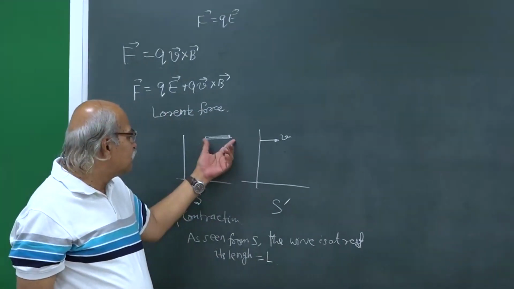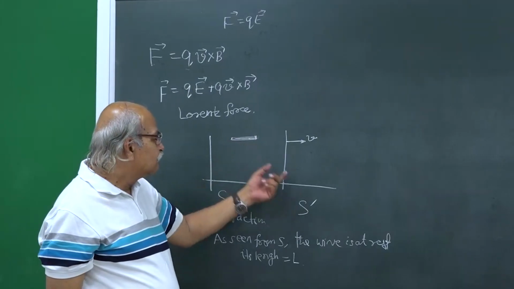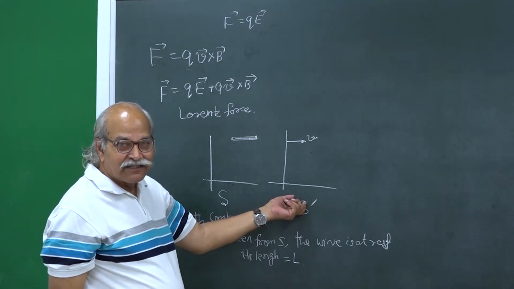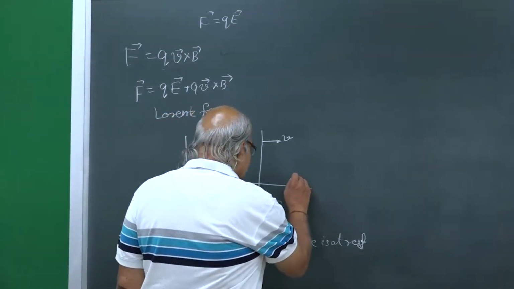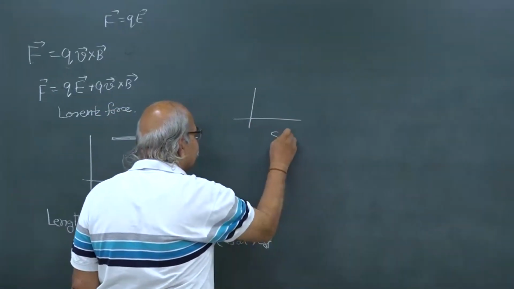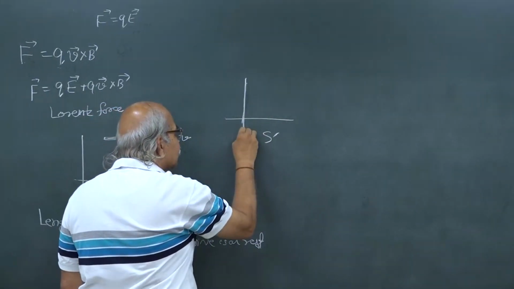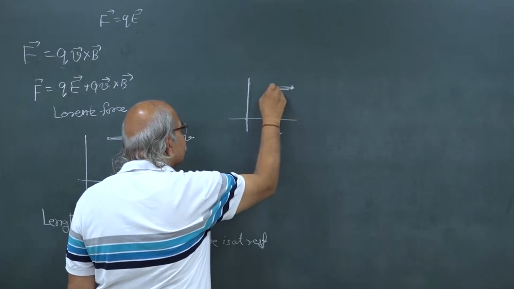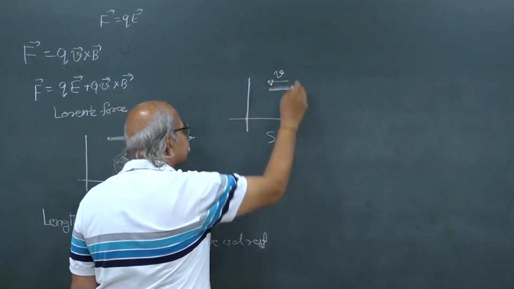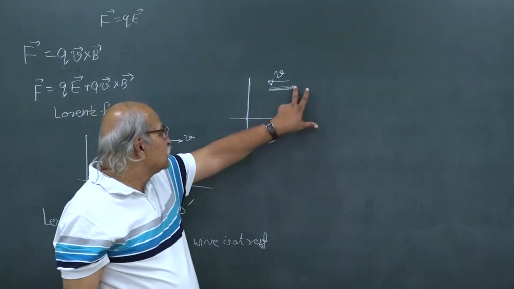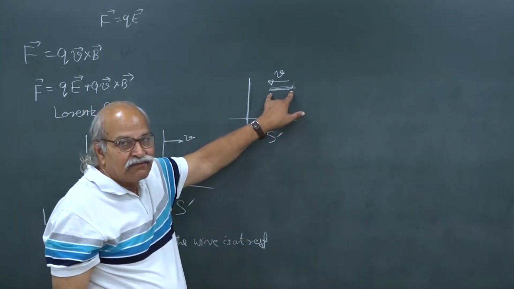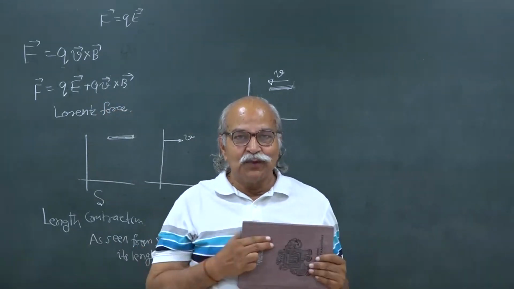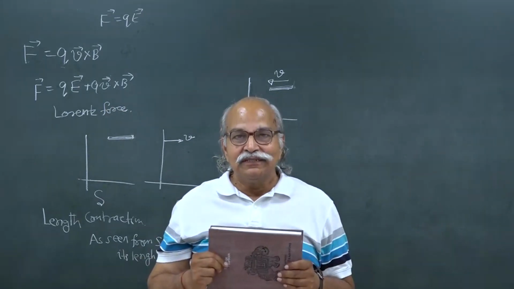But if that same wire is seen from S prime, then measuring length is more technical. If I look at this wire from the S prime frame, this wire is moving backward with a velocity v, and I want to ask how much is the length of this wire. If this object is moving and I want to know this length, what is the rule?